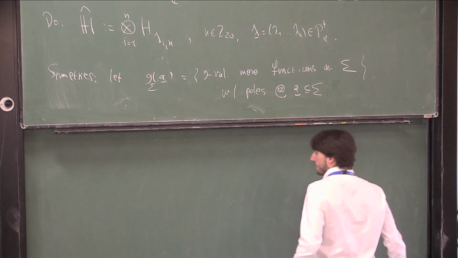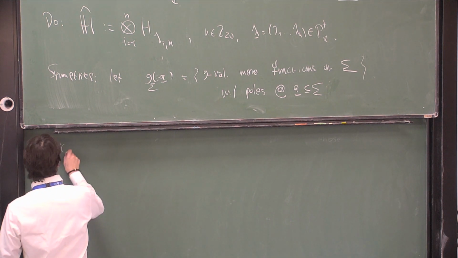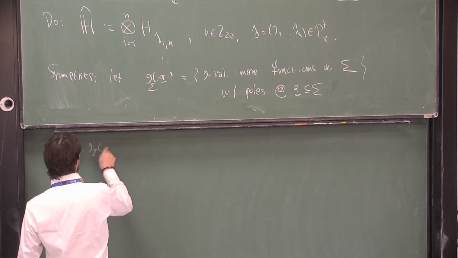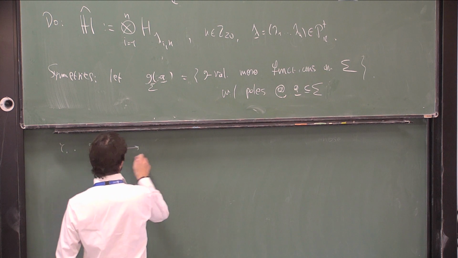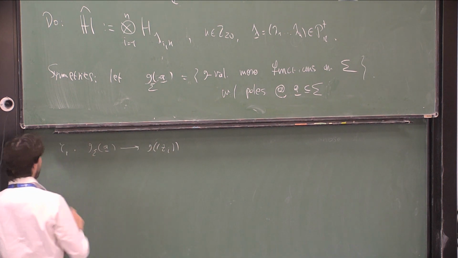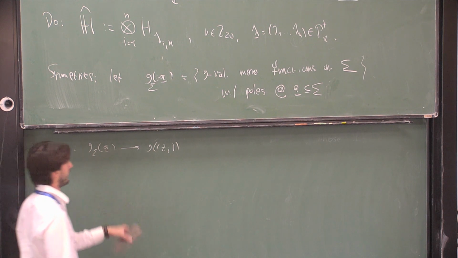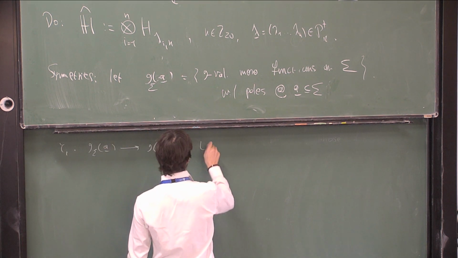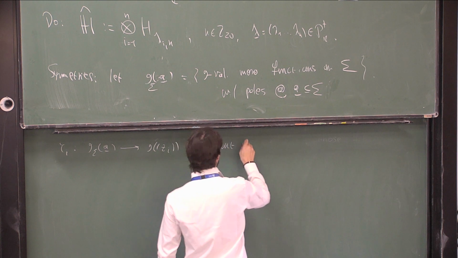Okay, so now as I said, there is this tau i from G sigma A into G of z_i, which is just the map taking the Laurent development of a function at that particular point. So this is just the Laurent expansion map.